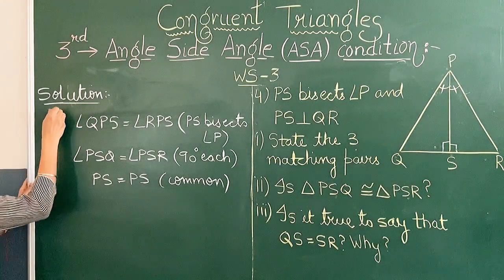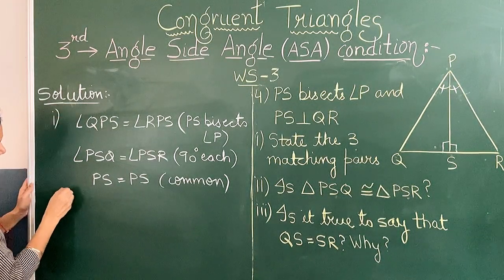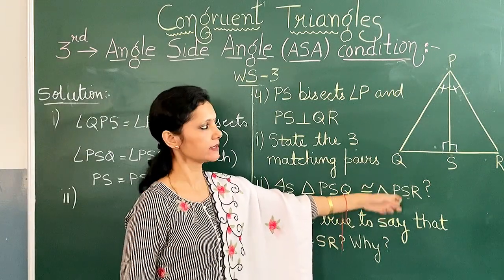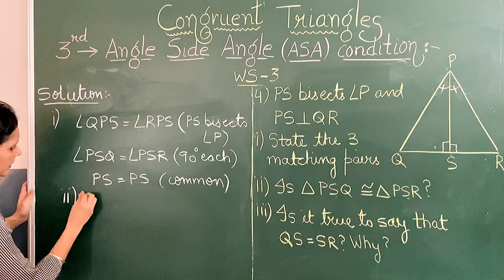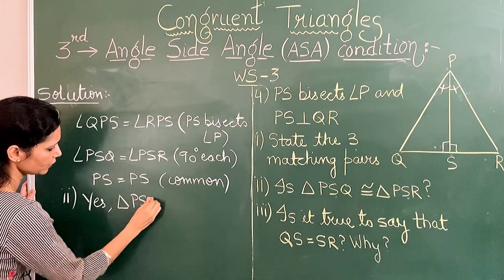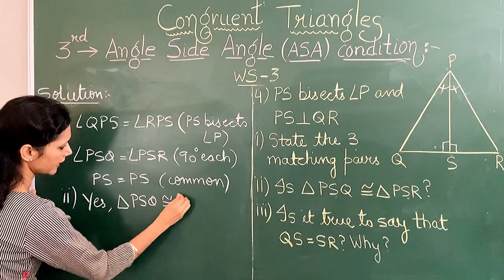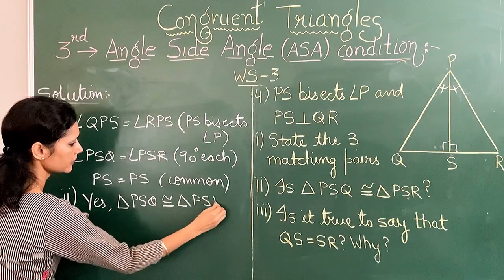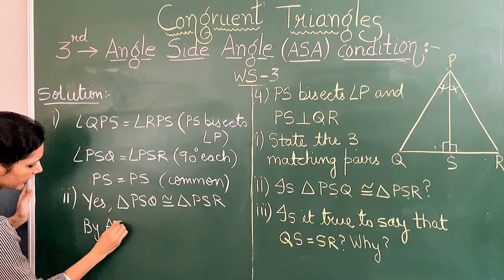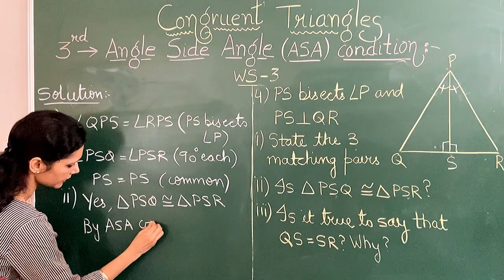Now this was the answer for the first part. Second part, is triangle PSQ congruent to triangle PSR? Yes, the two triangles are congruent. So we'll say yes, triangle PSQ is congruent to triangle PSR by which congruency condition? By ASA congruency.